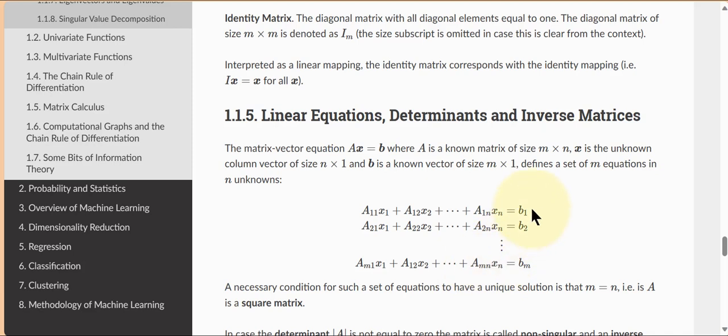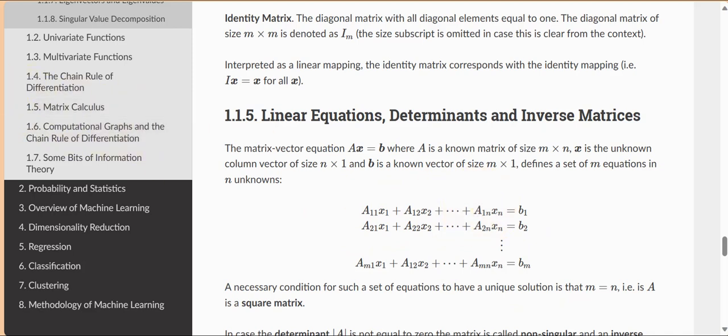How many are there? Well, how many elements are there in b? Well, I think we said that b is going to be m by 1. So there must be m of these. So there's m equations. And then how many variables are there?